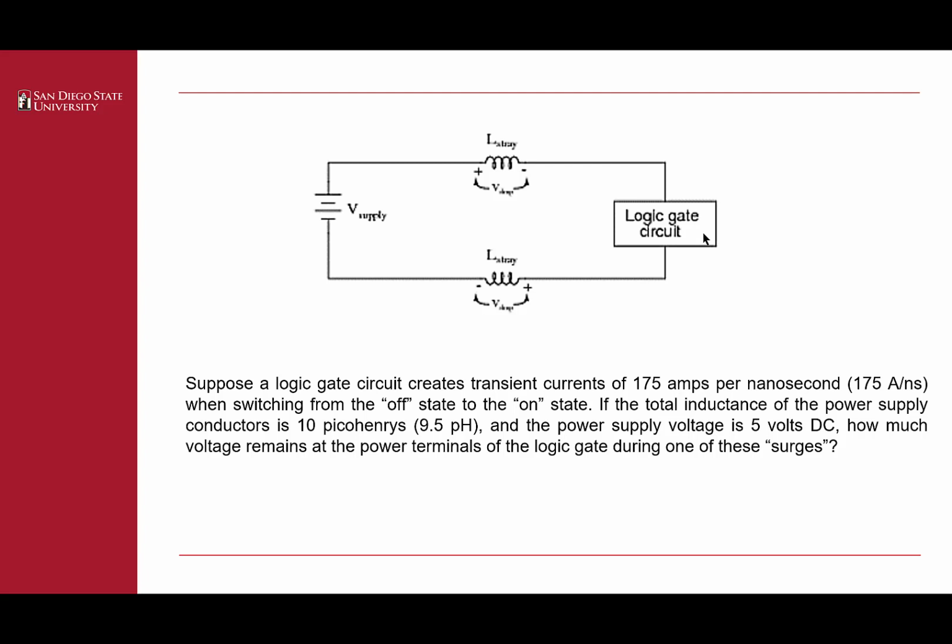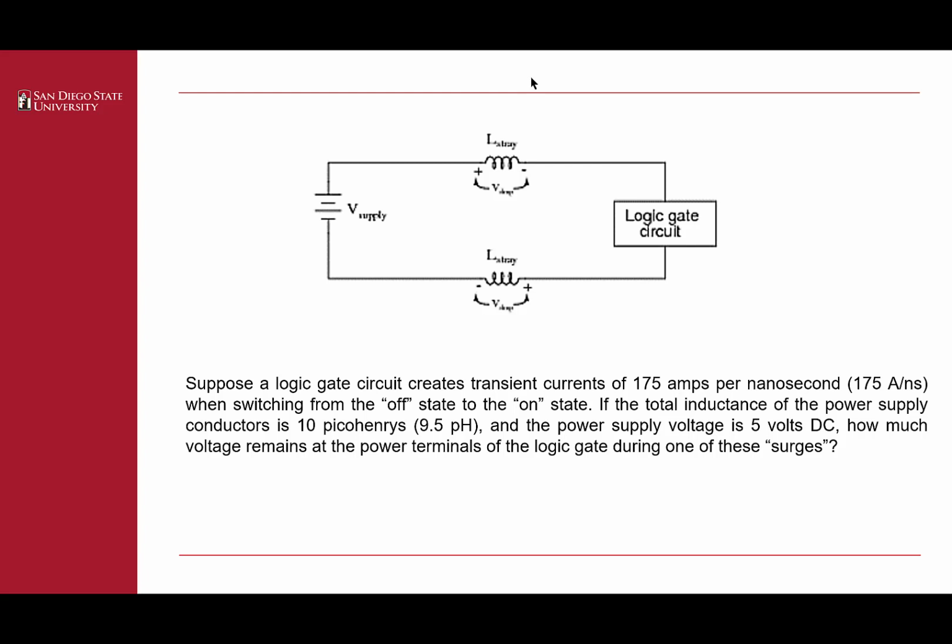So if you make this calculation, you will get the voltage that is obtained on the inductor elements combined. So in order to find the voltage that is obtained on the logic gate circuit element, we have to subtract the voltage of these combined inductors from the voltage of supply, which we also know is 5 volts.